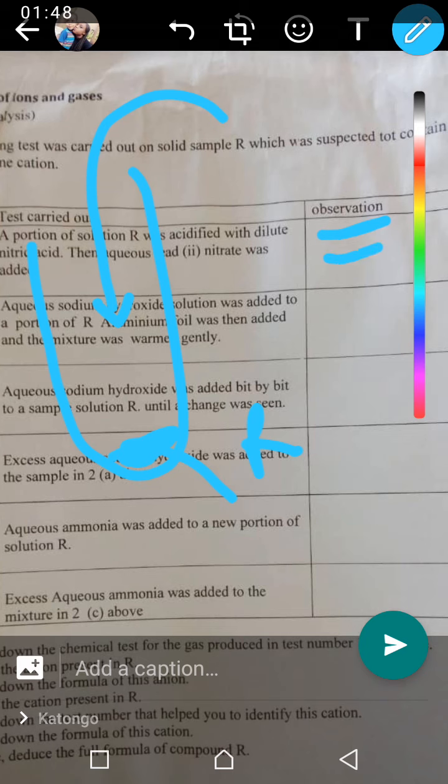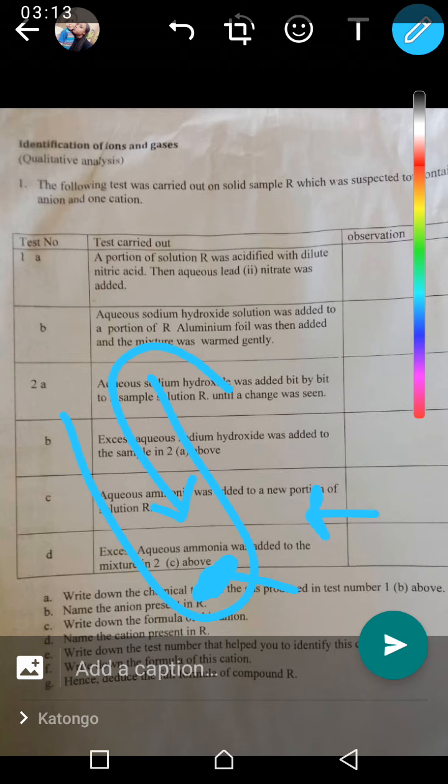You add the R in the test tube. When you finish adding R, what do you add? Sodium hydroxide solution. You put it in here. And then you add aluminum foil. You see? They're saying then aluminum foil was added. So after that, you also add aluminum foil inside here.